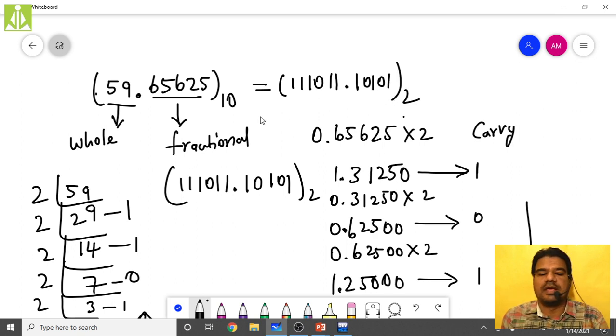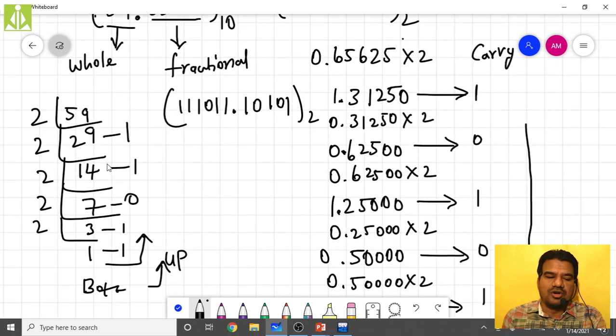Like this you have to convert the given decimal number with fractions into binary with fractions. Hope you understood. It is very simple. Just the logic: the whole number part we do separately.